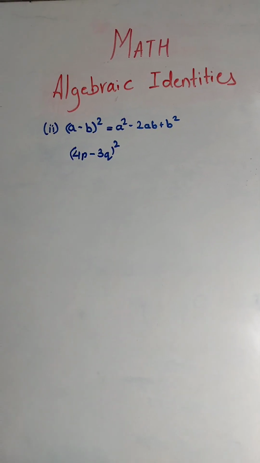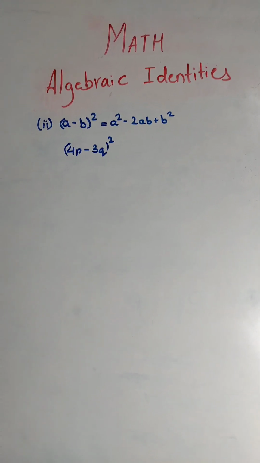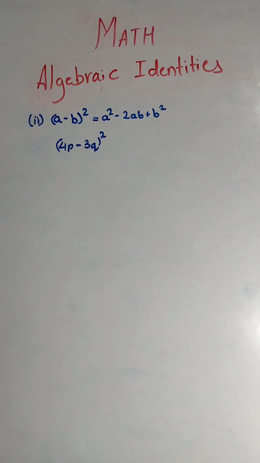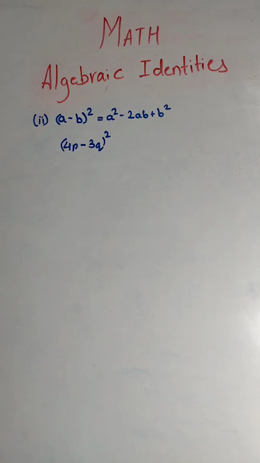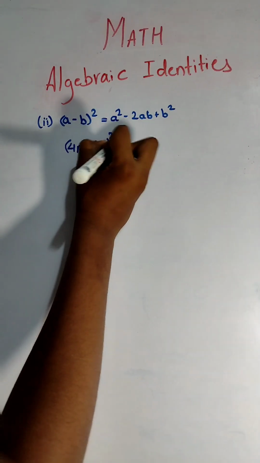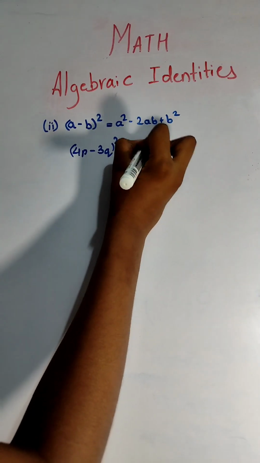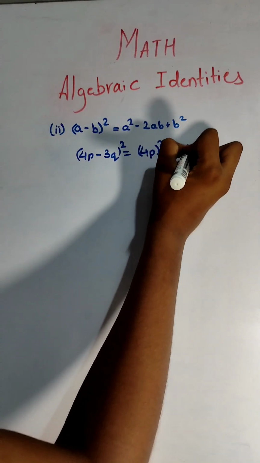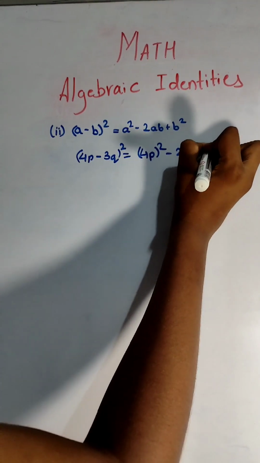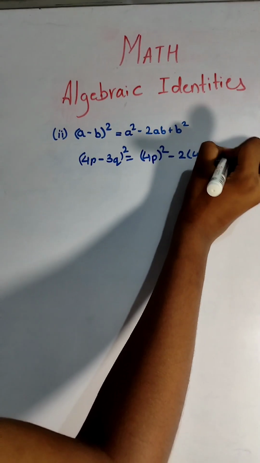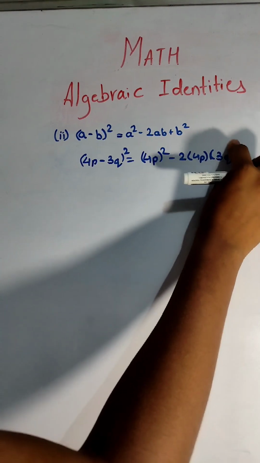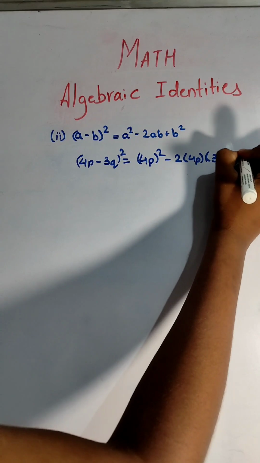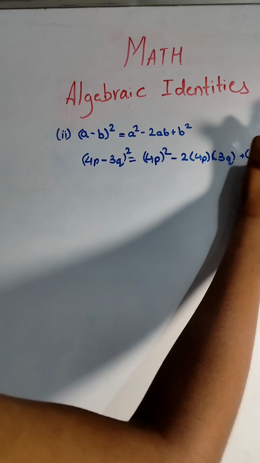All we are doing is dividing each variable and assigning a certain value. So now let's take 4p whole square, as there's a square, minus 2 into 4p and 3q whole, and this is not squared, plus 3q whole square.